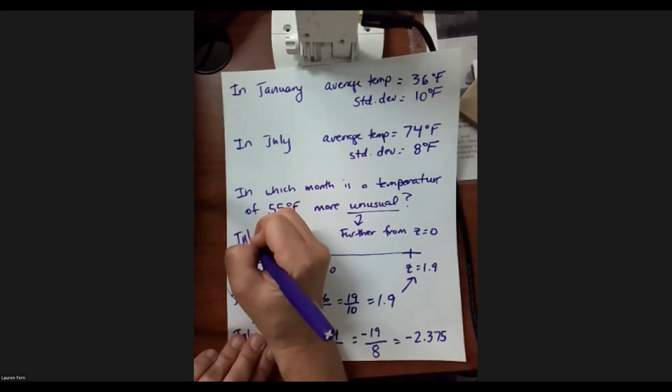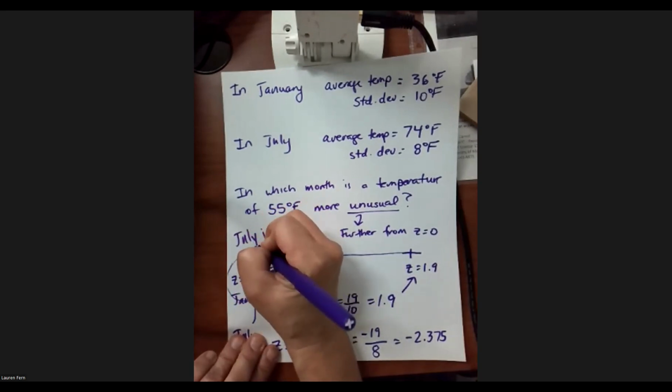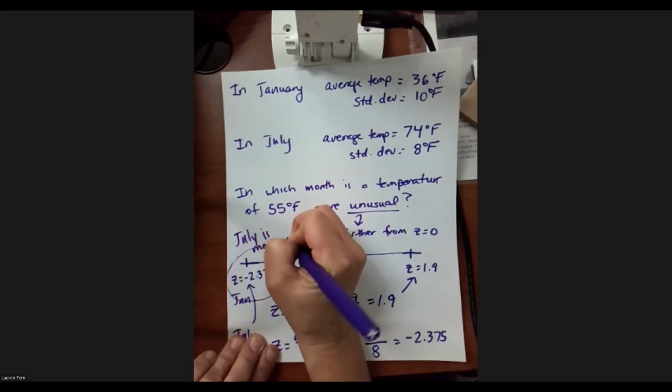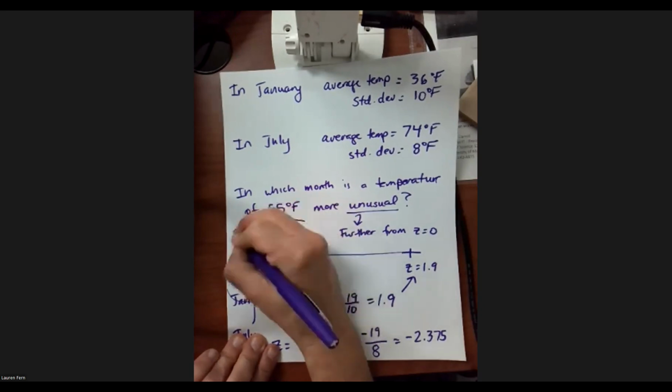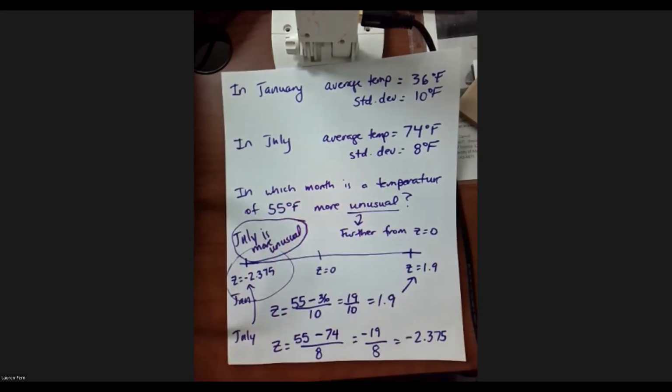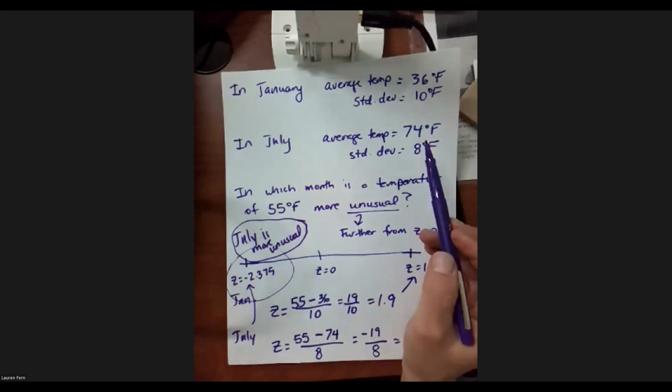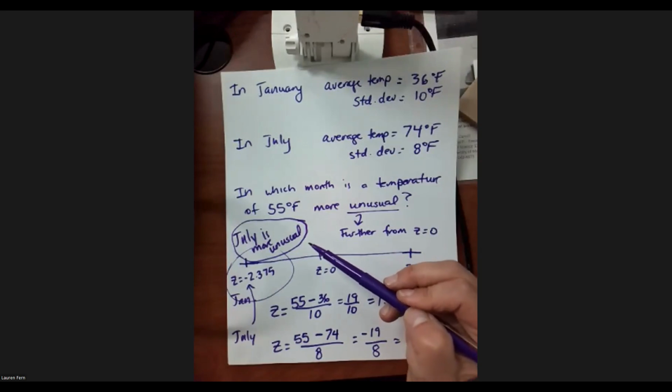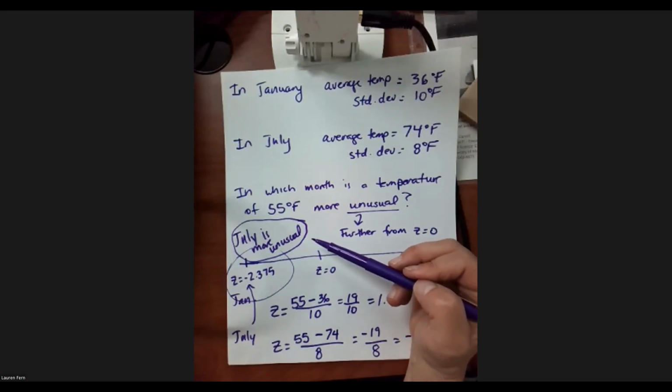So our answer here is July is more unusual. And I also claim, just in terms of being a human and a warm-blooded animal, it would also be more of a bummer in July, right? Because when your body's used to a pretty warm temperature, when it gets pretty cold, you feel it a heck of a lot.